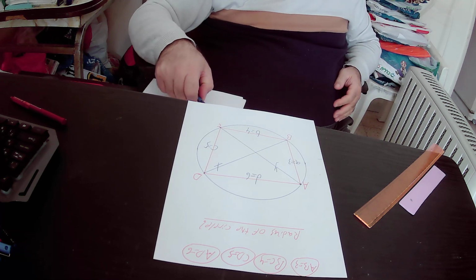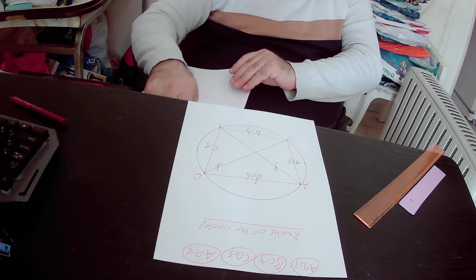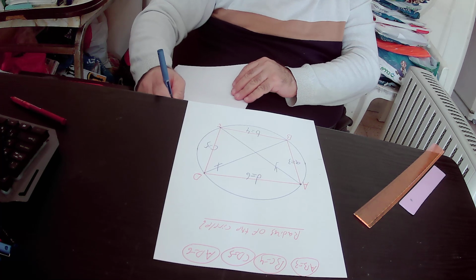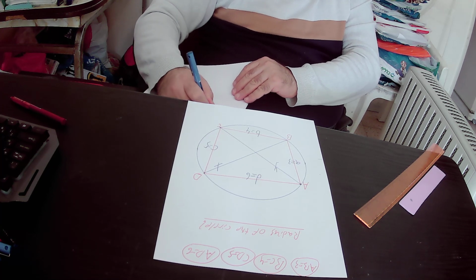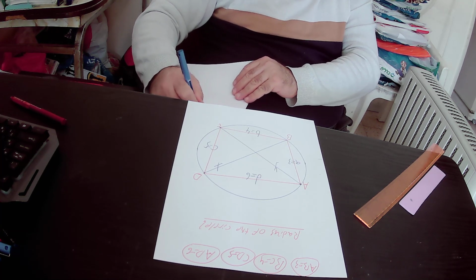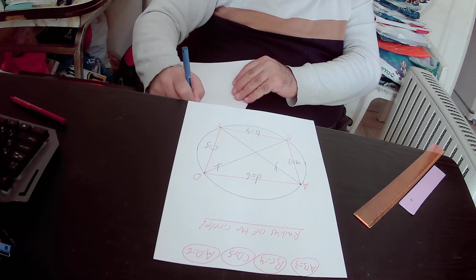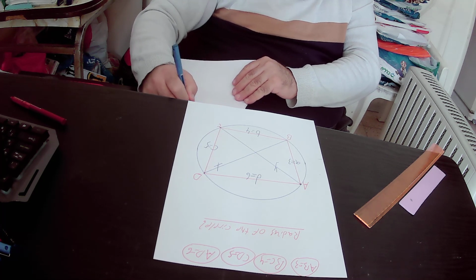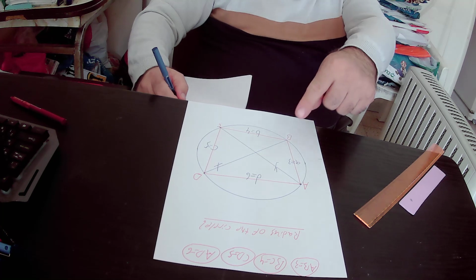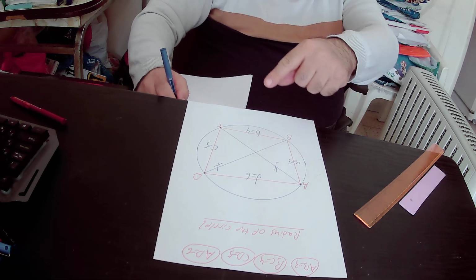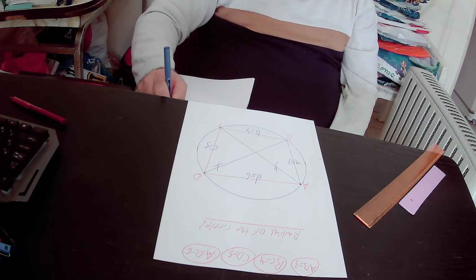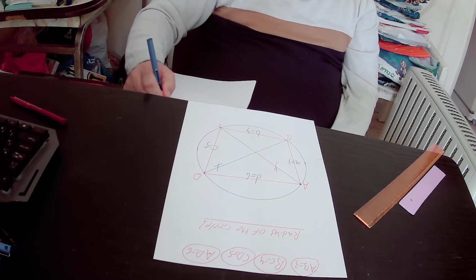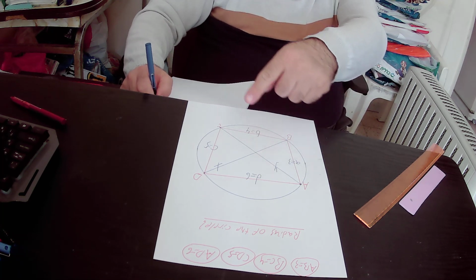So I will write it down. According to question number 2, the area of quadrilateral ABCD will be equal to the area of triangle ABD plus the area of triangle BDC.